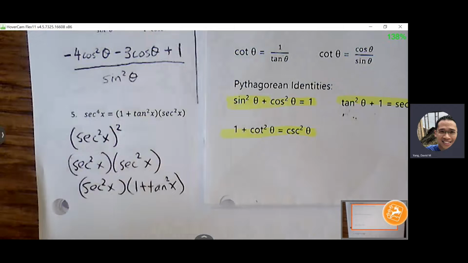Can I get a pass? Okay. It's 5, 2, and 5. Mm-hmm.